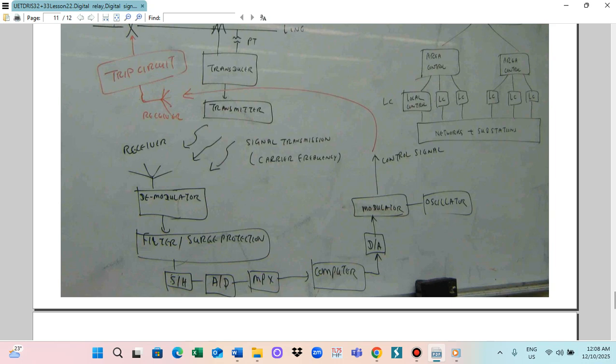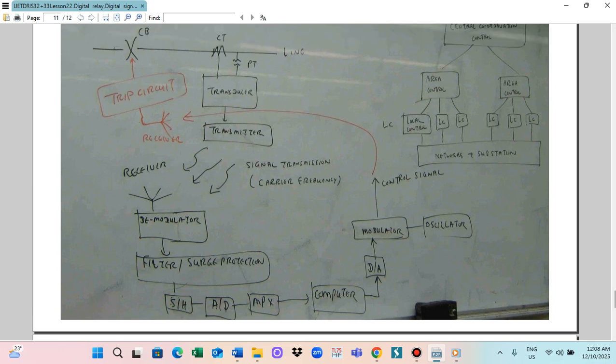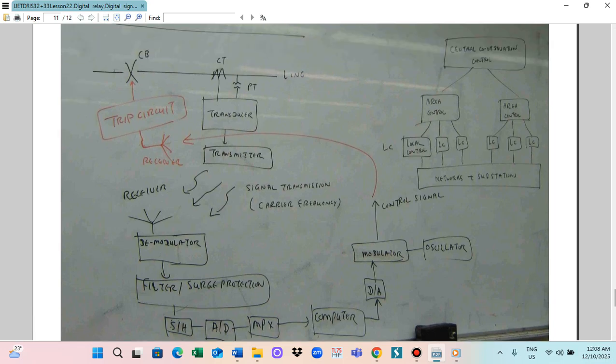Because of this, in a very large system, we use a central coordinated control. This is a very large power system.